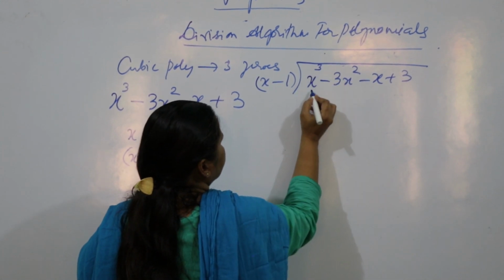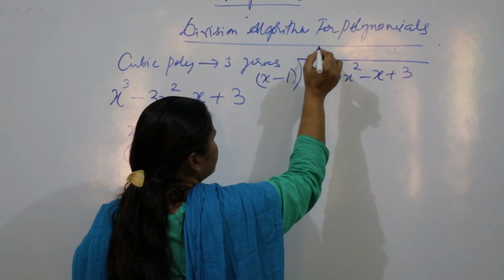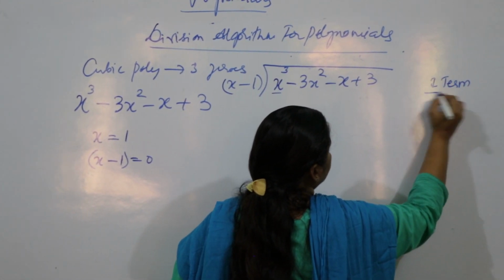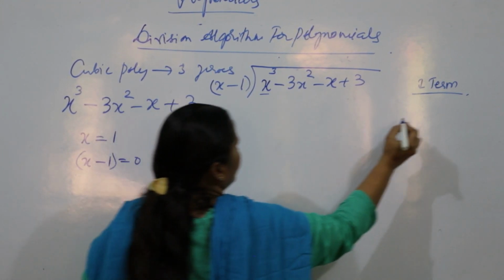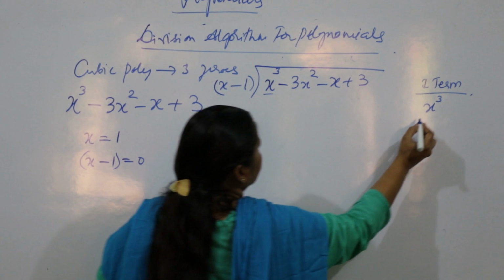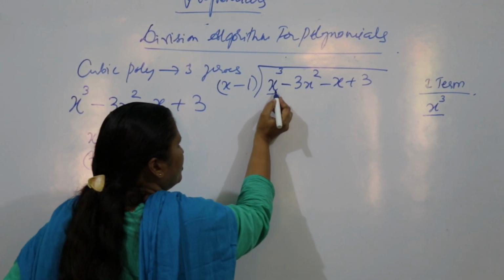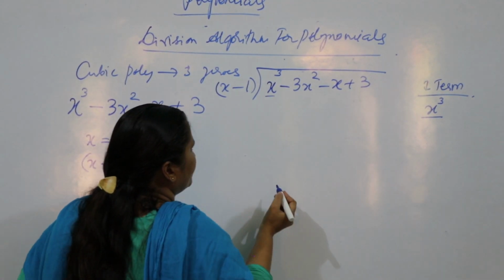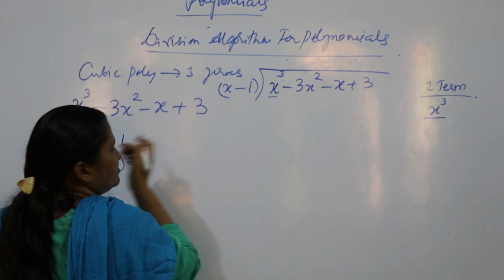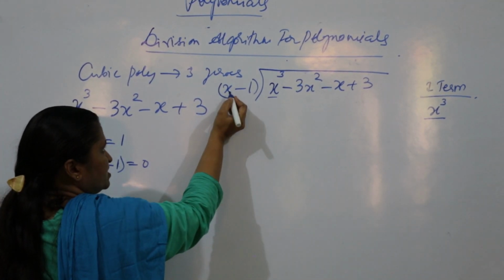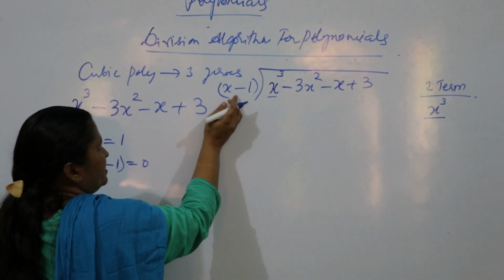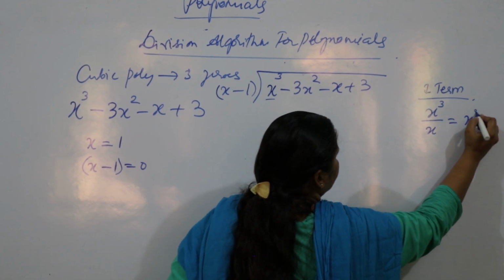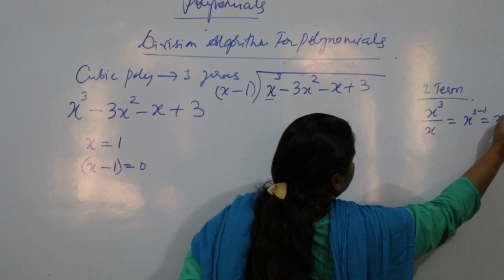Now, the procedure is, you need to find the first term of your quotient. So, in your working column, write the first term, compulsory: x cube divided by the first term of your divisor. This is x, which gives x raised to 3 minus 1, x raised to 2.